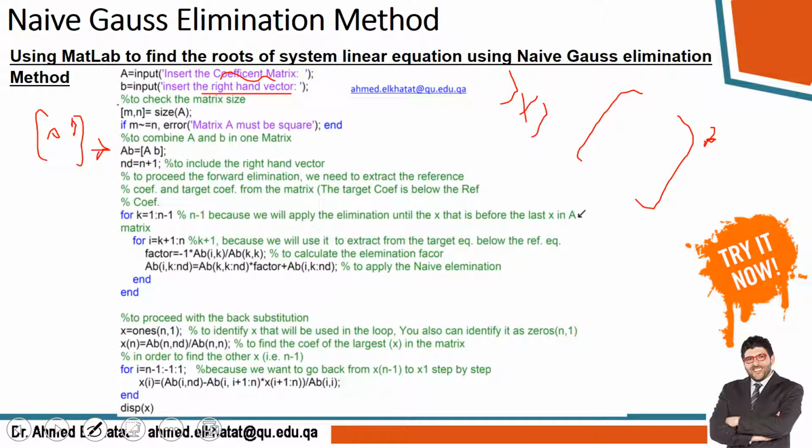So it's important to identify nd equal n plus 1, so the process will continue until the vector.